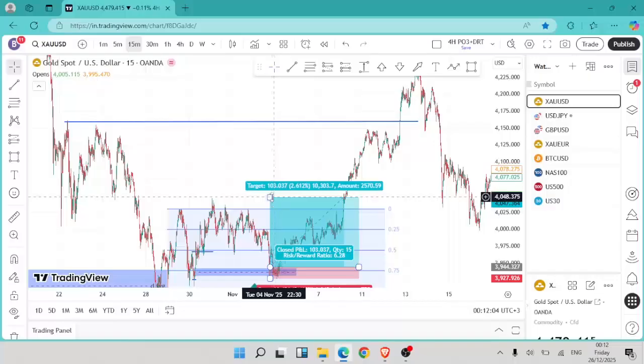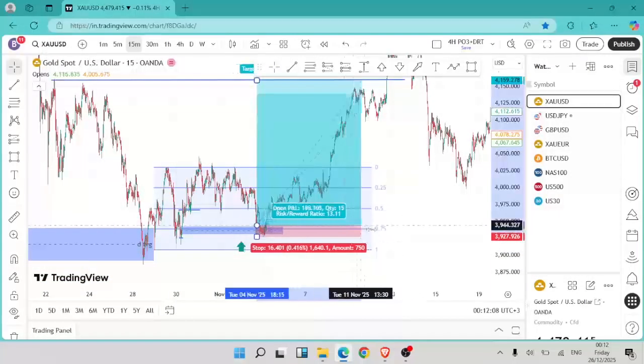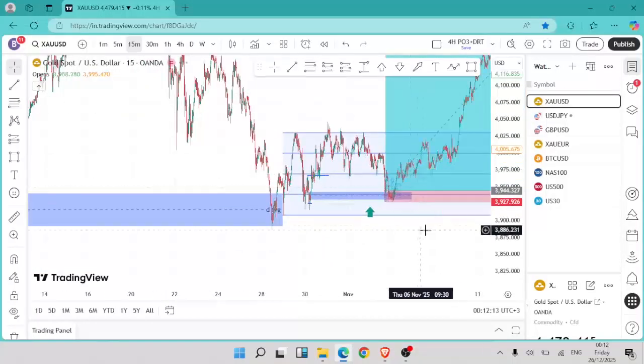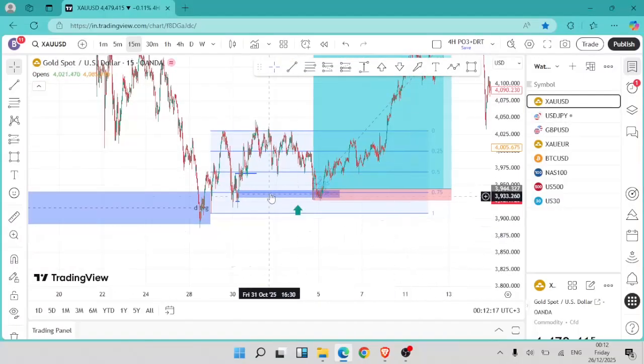So this high also becomes a target, and that is how you get now a risk to reward ratio of plus 13.11 R.